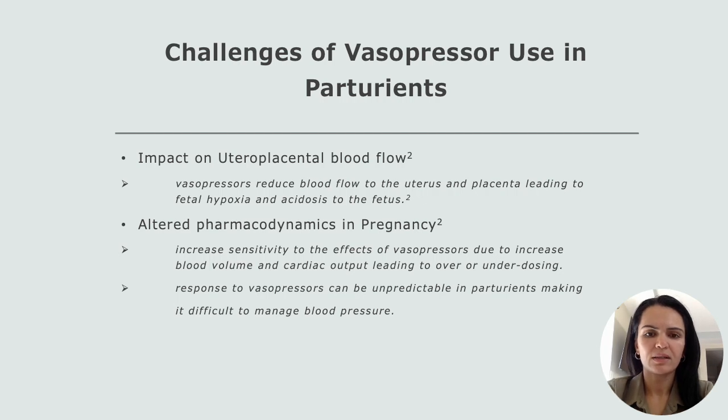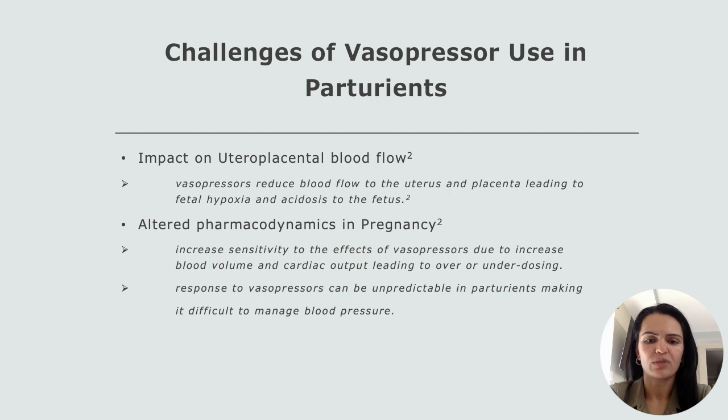Now, let's discuss challenges of vasopressor use in parturients. While vasopressors are commonly used to manage hypotension, their use in pregnant patients or parturients presents unique challenges that need careful consideration. One of the primary concerns is the impact on the uteroplacental blood flow.